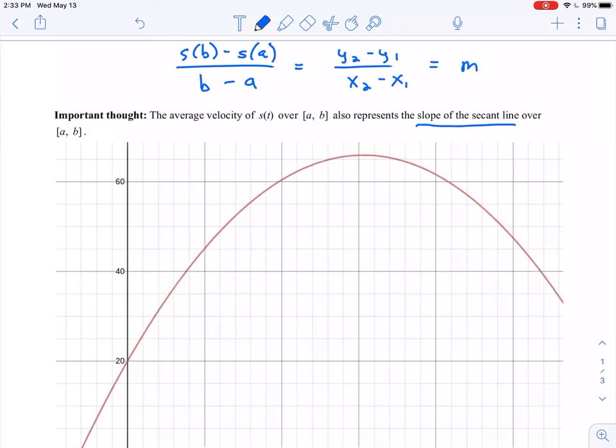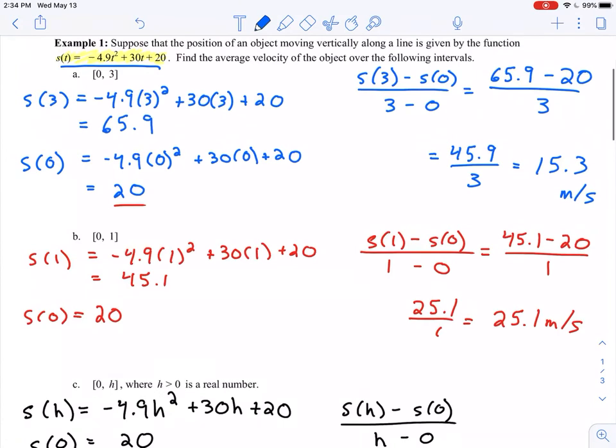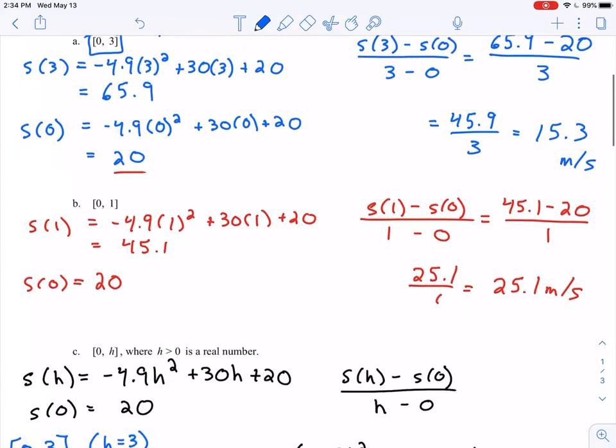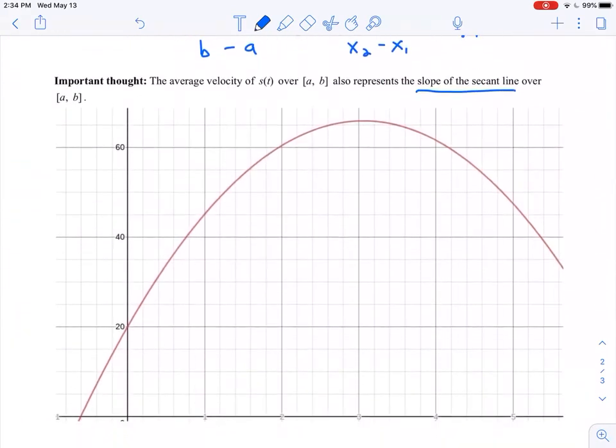line. What I mean by slope of the secant line is, if I go back and talk about part A for a moment, in part A we were working on this interval 0 to 3. I've taken my position function and graphed it. In that first part, I said, okay, here is 0, here is 3.